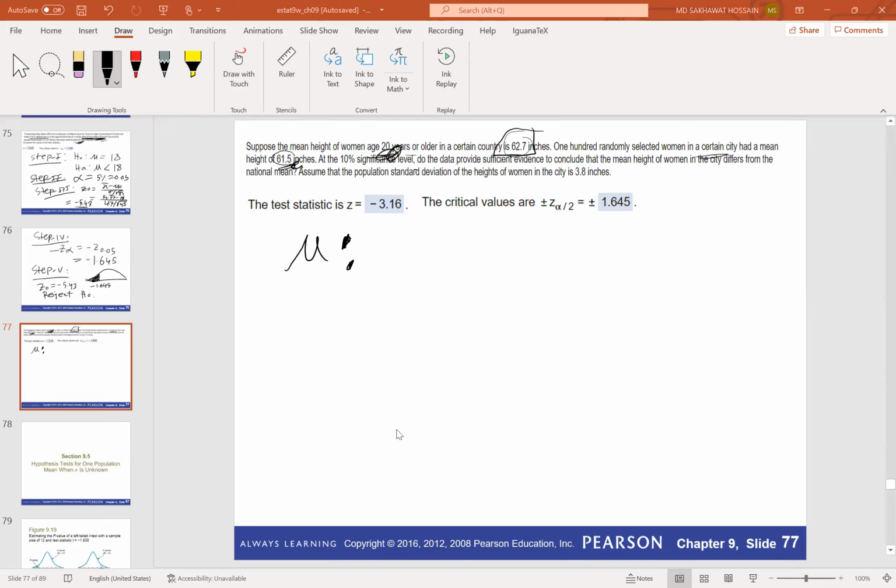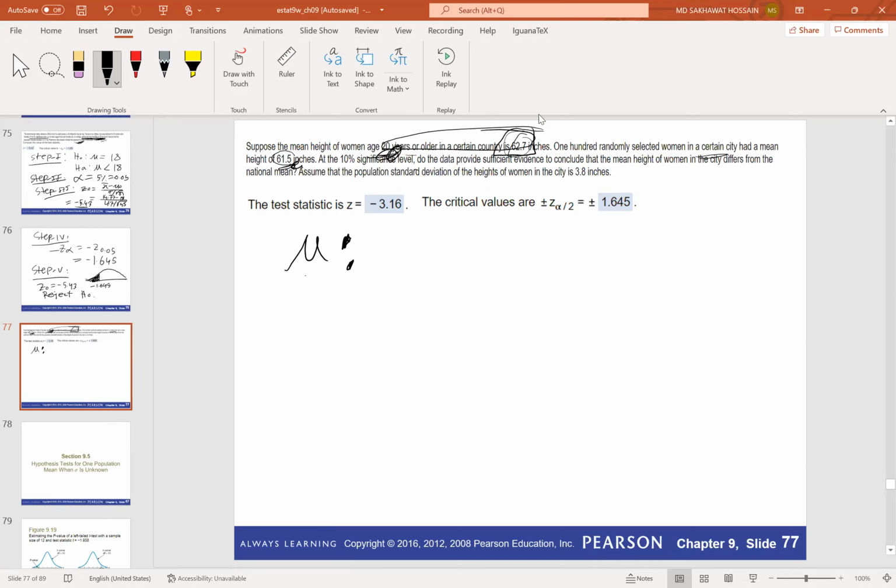62.7 is the national mean, but we want to see whether mu is different from this or not. Actually, here mu is not 62.7. This is the national average, but we are interested in the city.